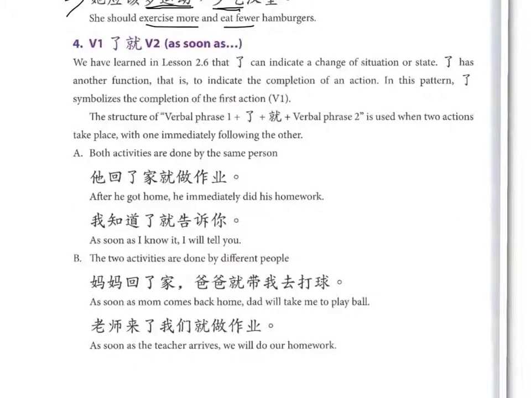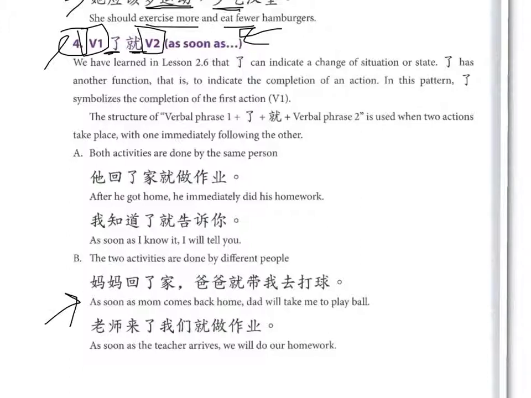All right, let's take a look at language note 4 here. Okay, so this is interesting. This is using le and jiu together with a first verb here and then a second verb here. And it has the meaning of as soon as. So in English you can say something, for example, look at this example down here.